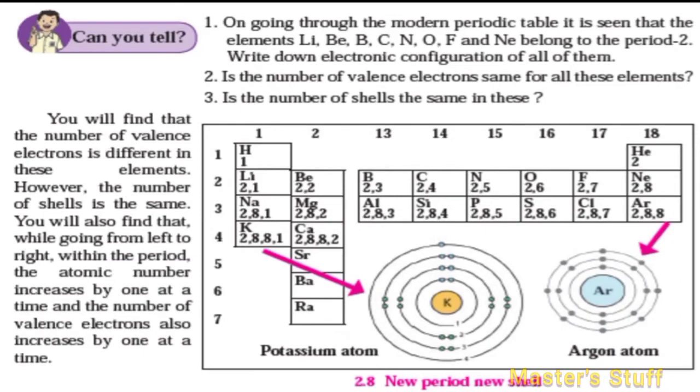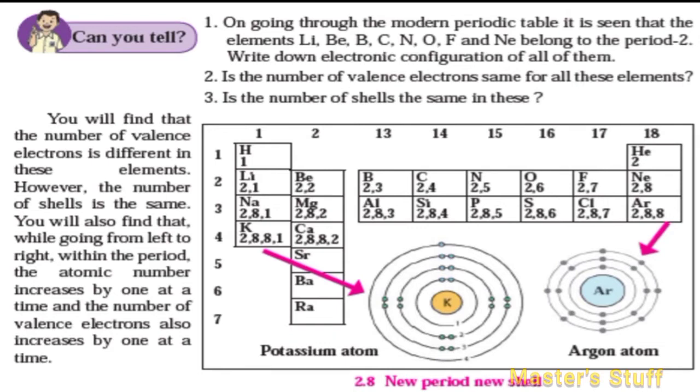Now take a look at figure 2.8. The electronic configuration of a few elements is given. We find that the number of valence electrons is different in these elements.